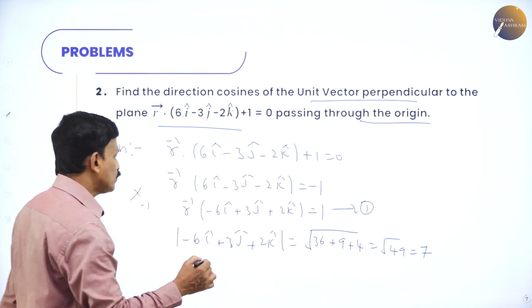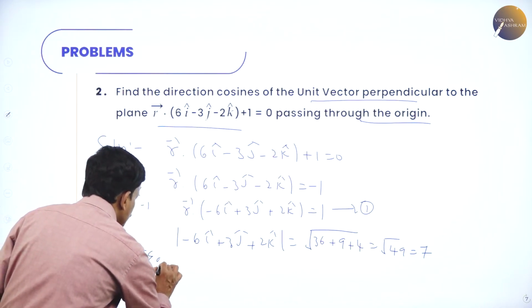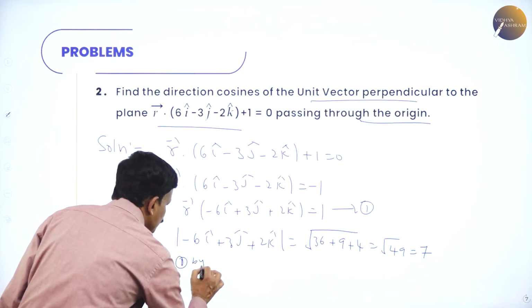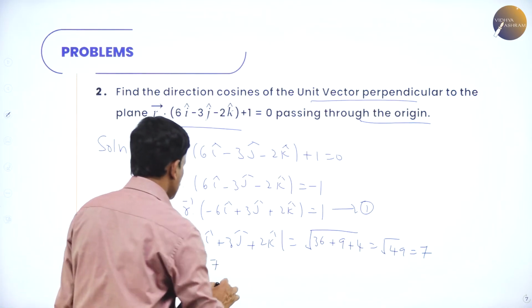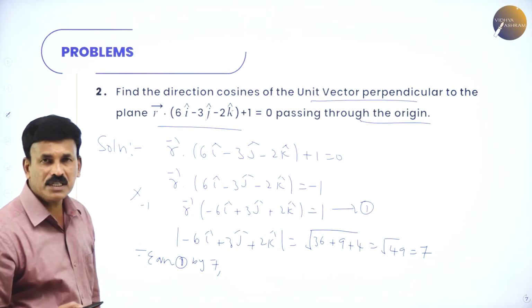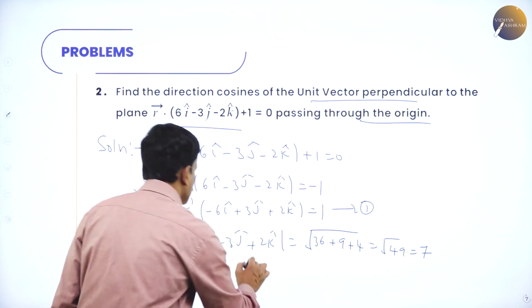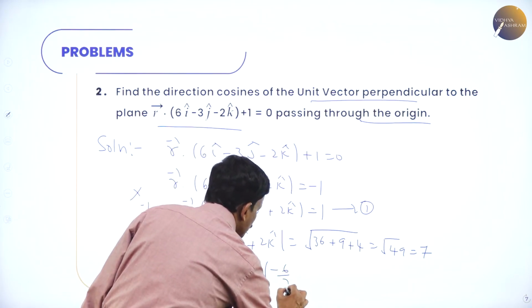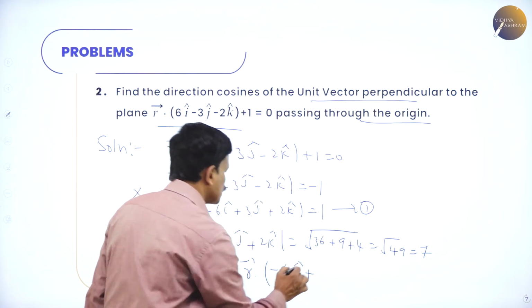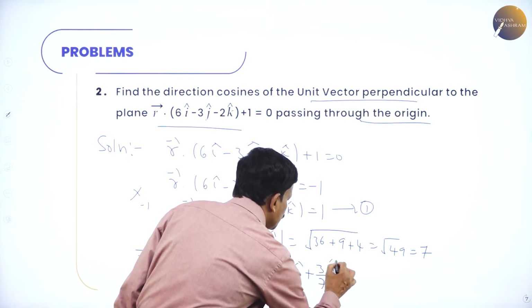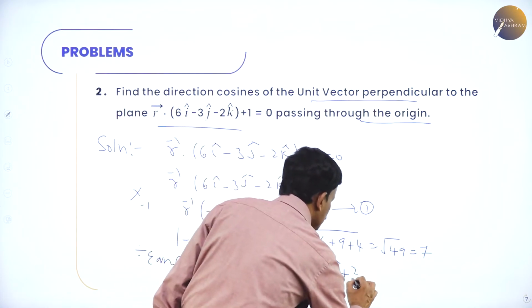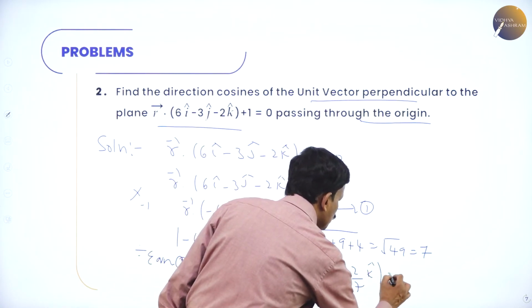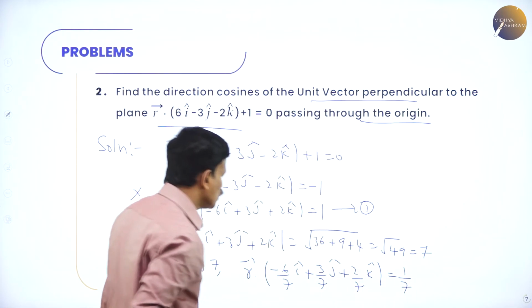Now divide equation 1 by 7 on both sides. Then we get vector r dot, with term by term division, (minus 6 by 7 i plus 3 by 7 j plus 2 by 7 k cap) is equal to 1 by 7.